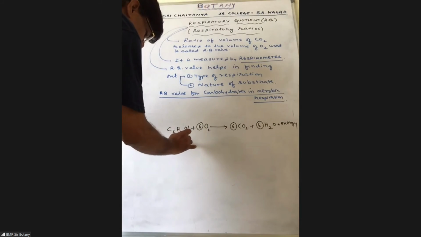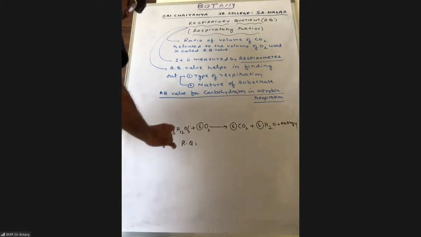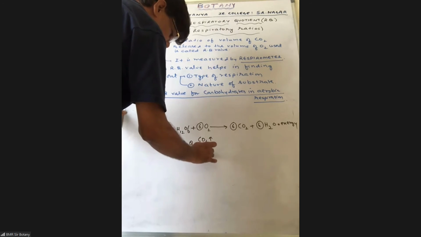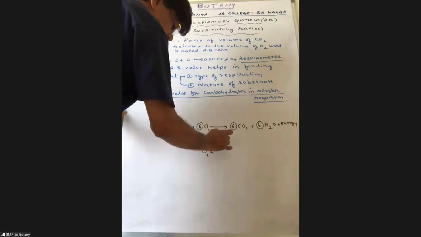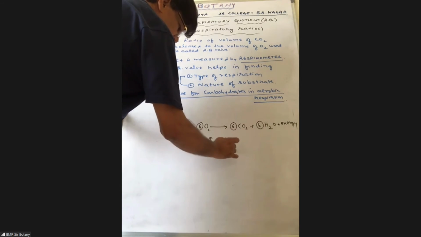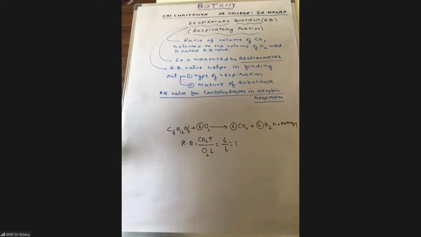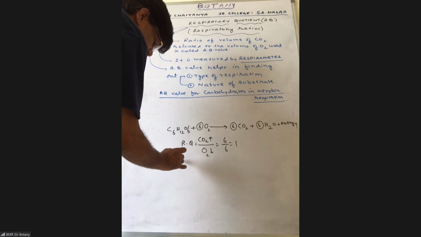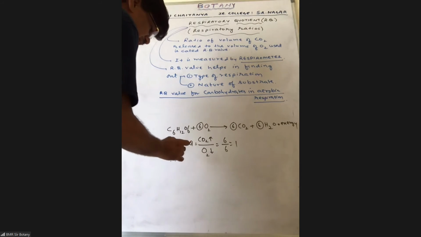So RQ value is the volume of CO2 released to the volume of oxygen used. It is 6 by 6, which is equal to 1. So here RQ value is unity.